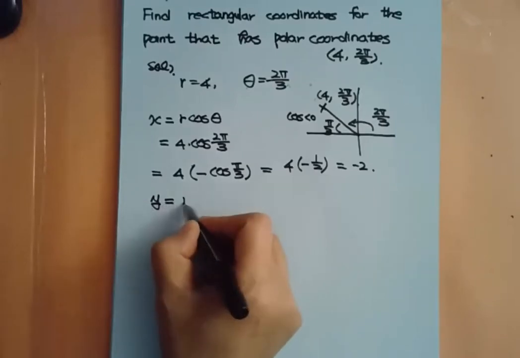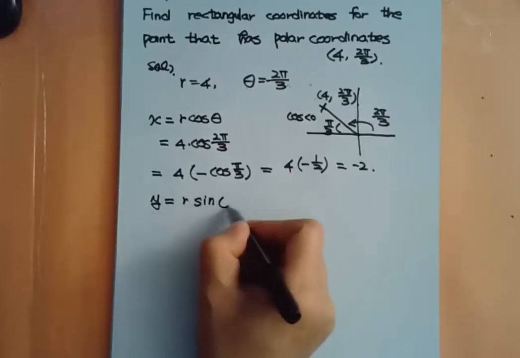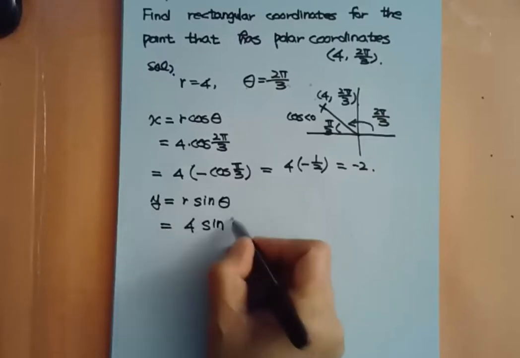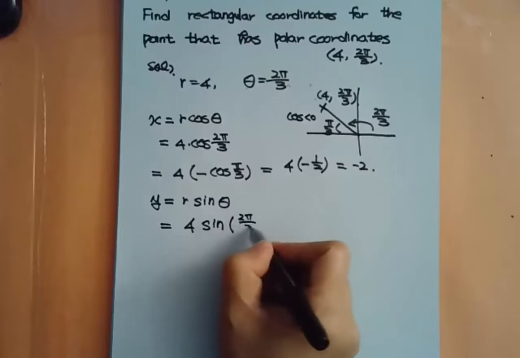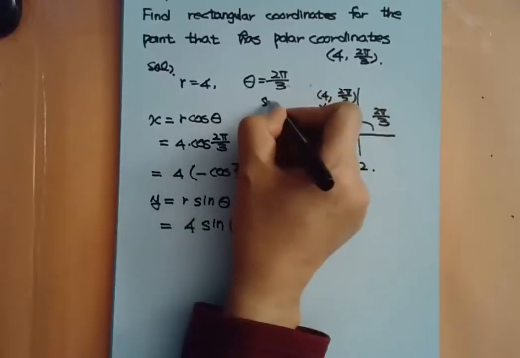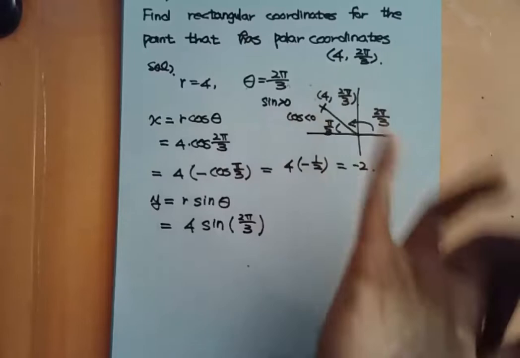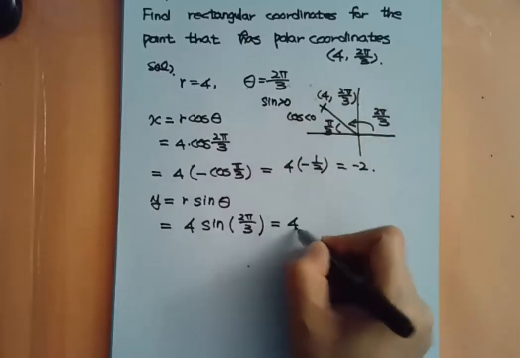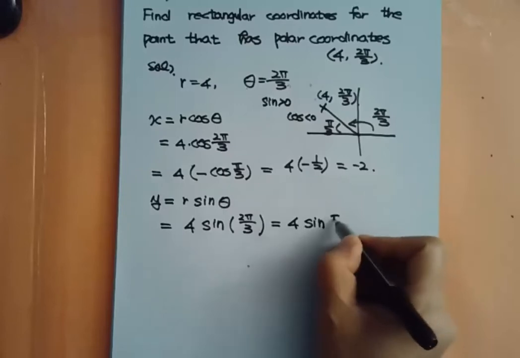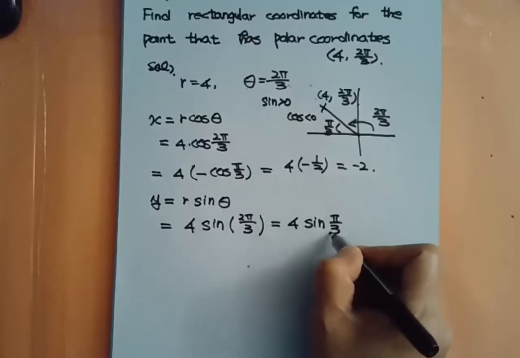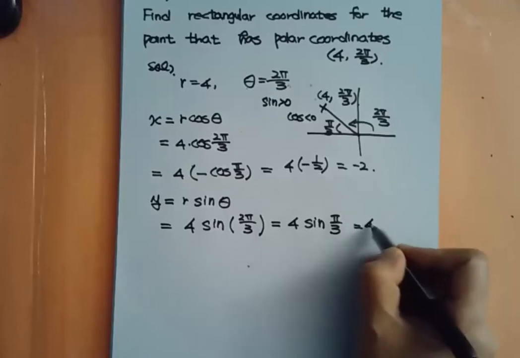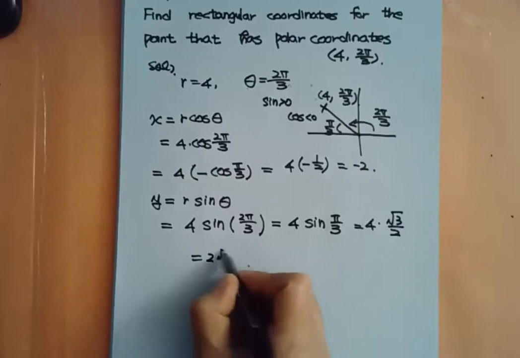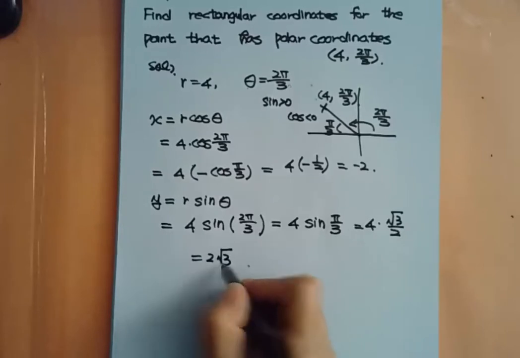So y equals r sine of theta, that equals 4 times sine of 2 pi over 3. So sine is positive in the second quadrant because y values are positive. So that equals 4 times sine of pi over 3. So that is 4 times square root of 3 over 2, which is 2 square root of 3.